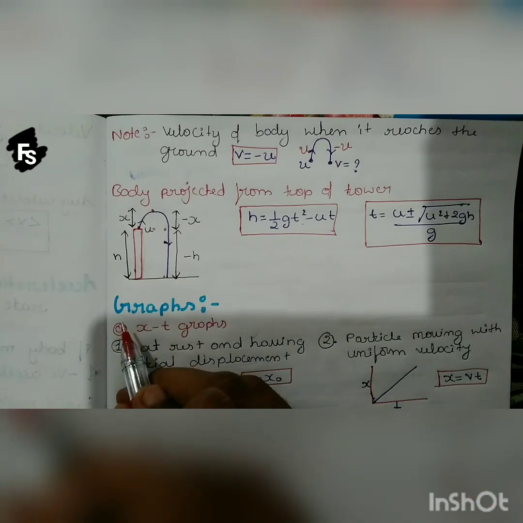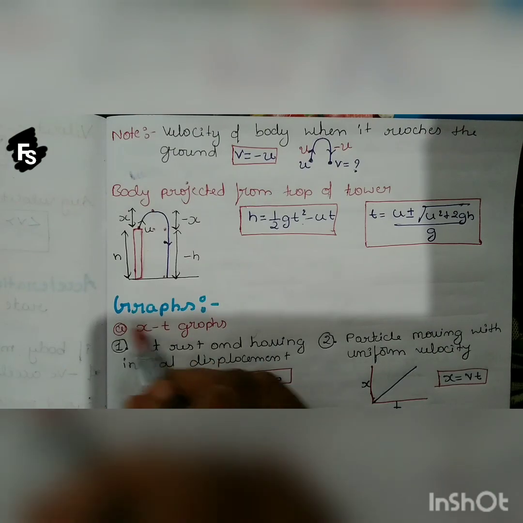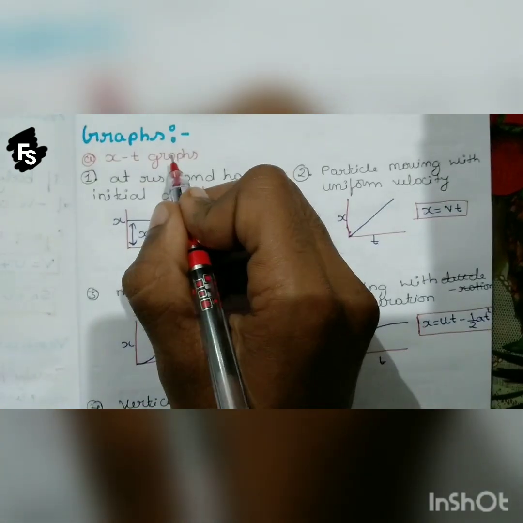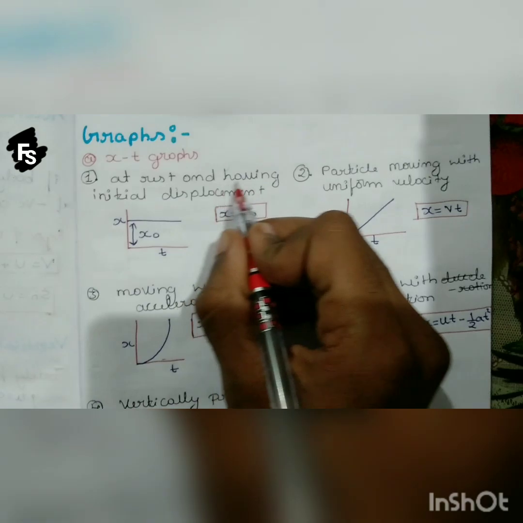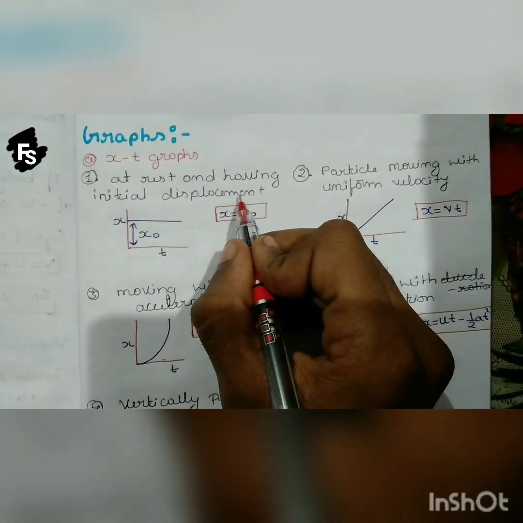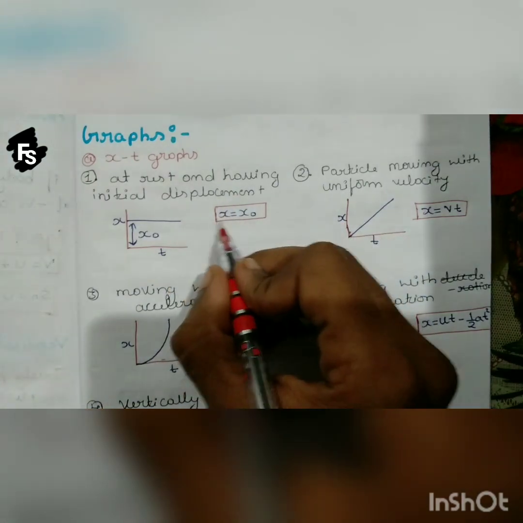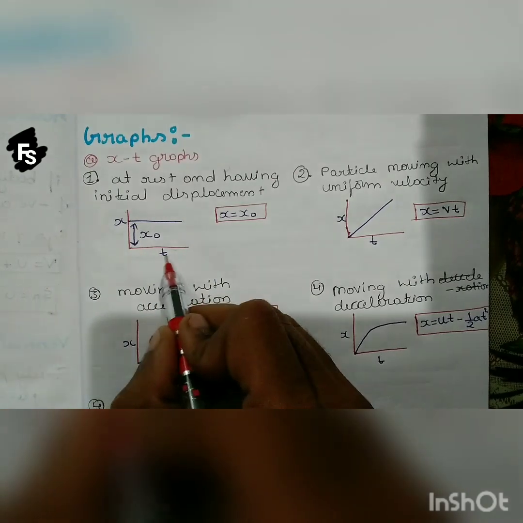A very important and easy concept of motion in a straight line is graphs. Next we move on to x-t graphs, the displacement-time graph. In the first graph, the particle is at rest and having initial displacement. Means the particle is at rest but it has initial displacement x naught. From this graph, this axis is displacement and this is time.